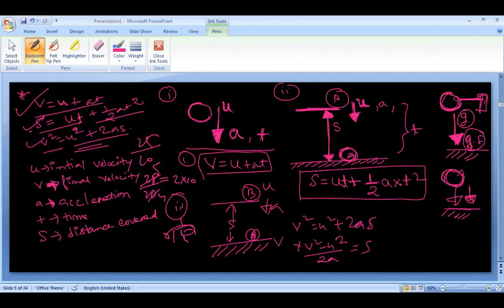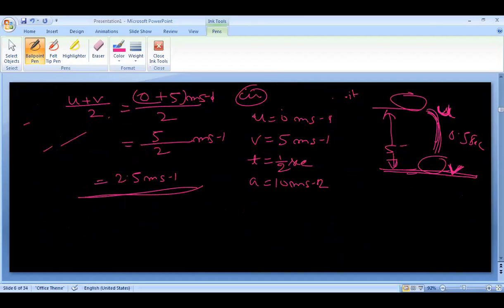Now see, I am applying the second formula. s is equal to ut plus half at square. Now see, we know the value of u is 0. So 0 into t plus half, what is the value of a? 10, t is half, so t square, that means half square.